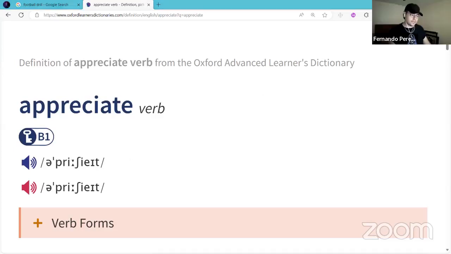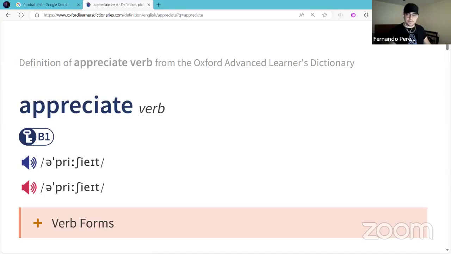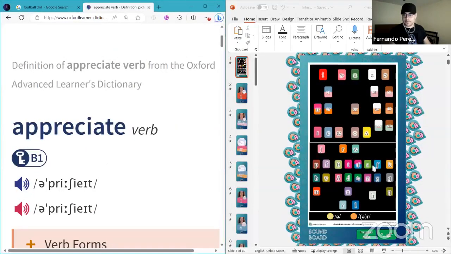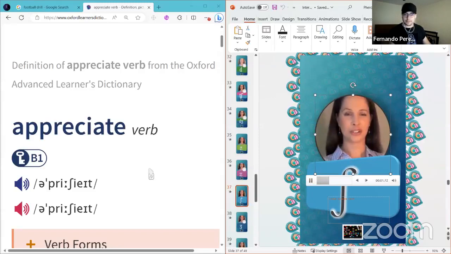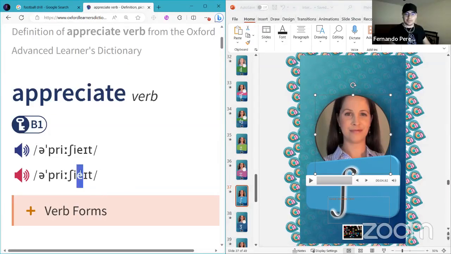Okay, you need a soundboard. Let's go. Just a second. Here. How do you pronounce this sound? Shh. Appreciate. Exactly. Appreciate.